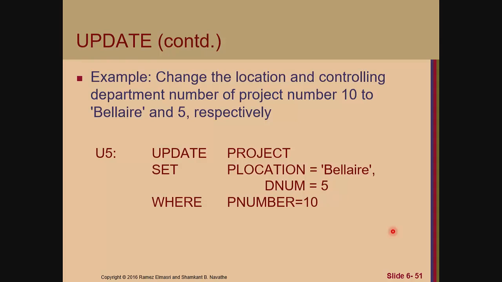And update. You can change the data inside, and that means update. So you have to add some condition. For example, here, just update the project name number 10 with the position, something like that.